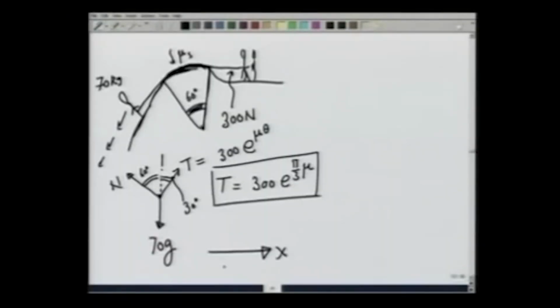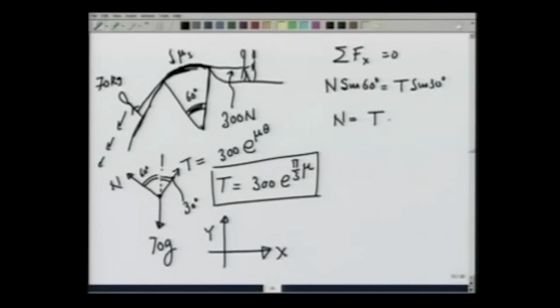If I take this to be the x axis and this to be the y axis, I can write summation Fx is equal to 0, and that gives me N sine of 60 degrees is equal to T sine of 30 degrees, and therefore N equals T tangent of 30 degrees.